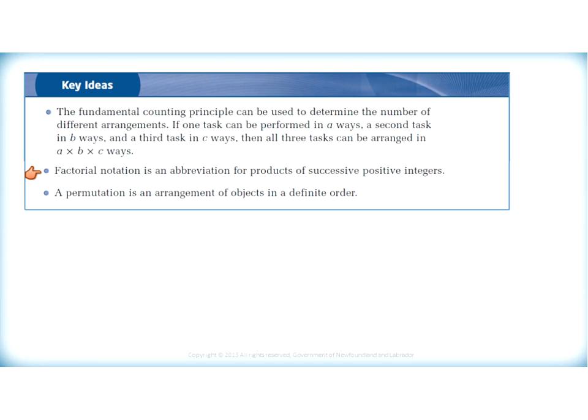We mentioned factorial notation in this presentation, but we will do a separate video on factorial notation throughout this unit. We just introduced it today as an abbreviation for products of successive positive integers. And a permutation we will also discuss further as an arrangement of objects in a definite order.